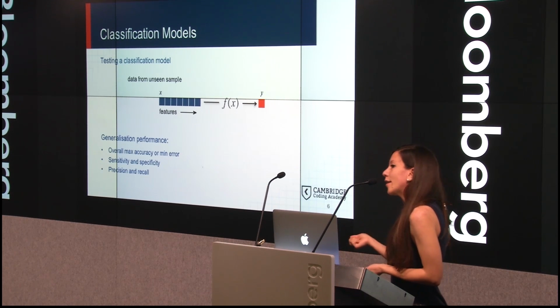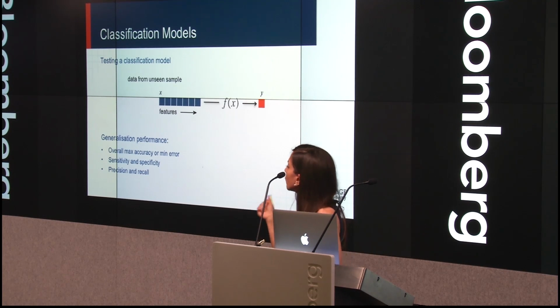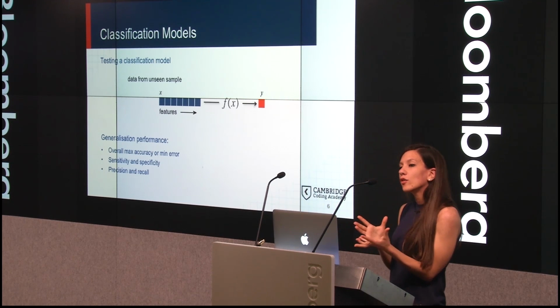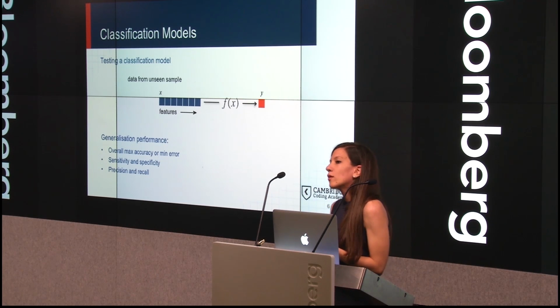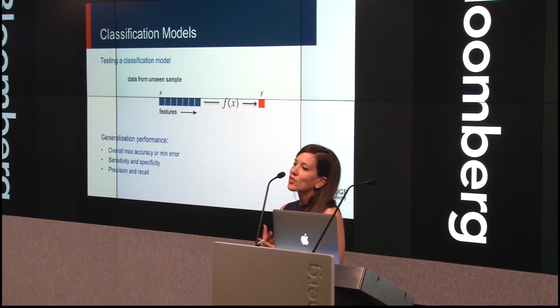But at the same time, it's also important not only to focus on the overall accuracy, but also on metrics such as sensitivity, specificity, precision and recall. Because for instance, let us think about Amazon and their fraud detection team. They deal with transactions on a daily basis.